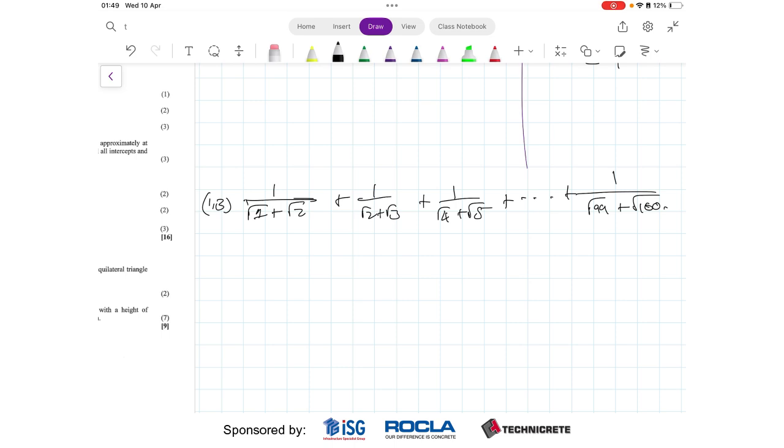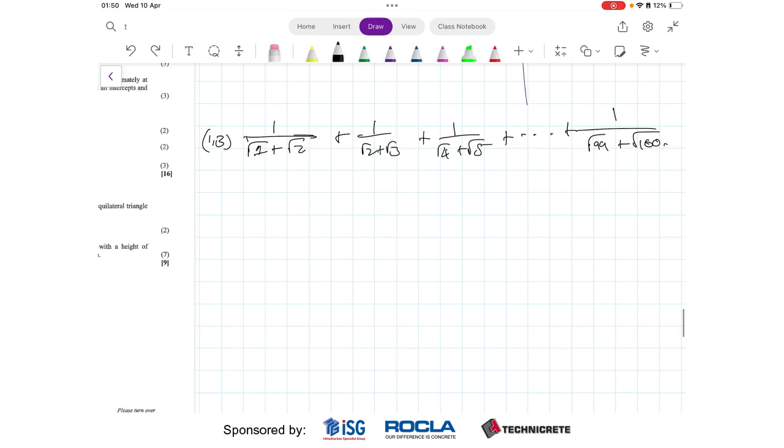Now the way we're going to do this is we are first going to look for a term that can rationalize our expression while keeping it the same. In the case of the first term, in order to rationalize, we are going to multiply by 1. Let me show you what I mean.